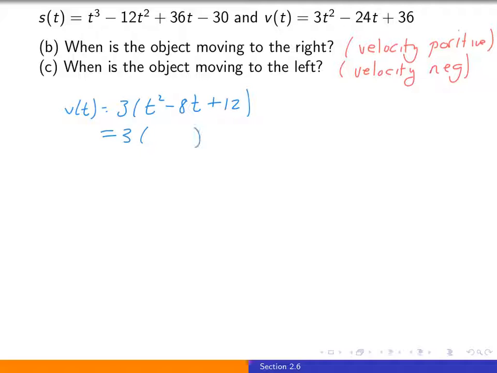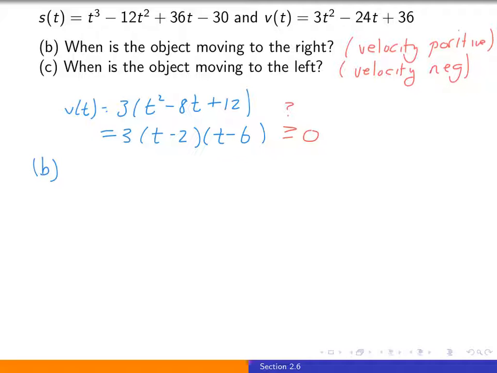You think 2 numbers that multiply to 12 and add to minus 8. So that would be t minus 2, t minus 6. And for part B, what I would like to know is when is the velocity positive? So for this quantity here, I'm going to put a question mark above it. When is it bigger than or equal to 0?